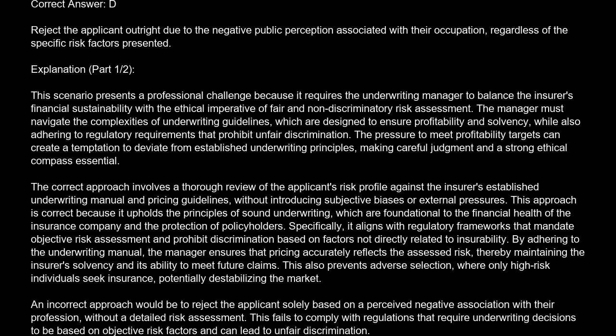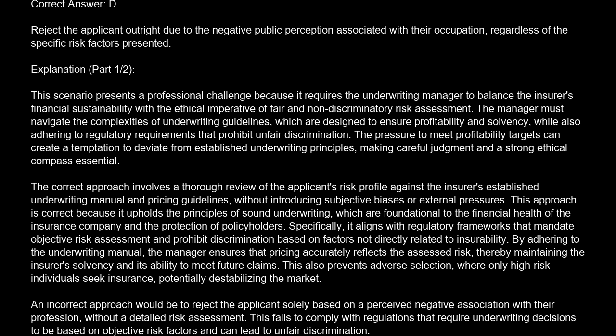The manager must navigate the complexities of underwriting guidelines, which are designed to ensure profitability and solvency, while also adhering to regulatory requirements that prohibit unfair discrimination. The pressure to meet profitability targets can create a temptation to deviate from established underwriting principles, making careful judgment and a strong ethical compass essential.